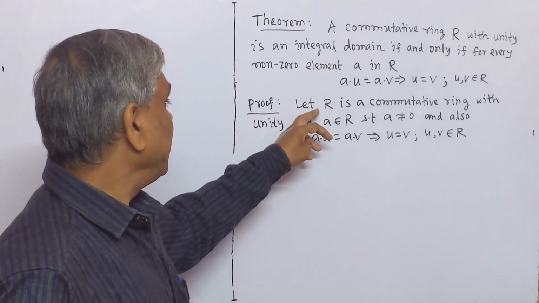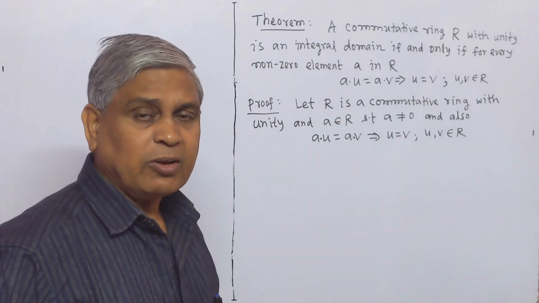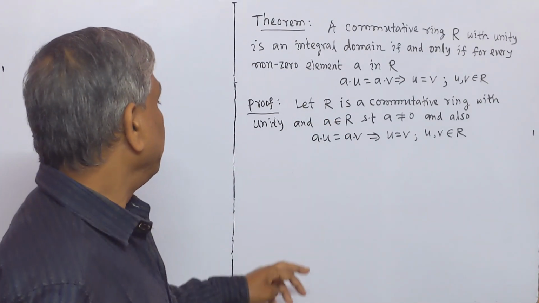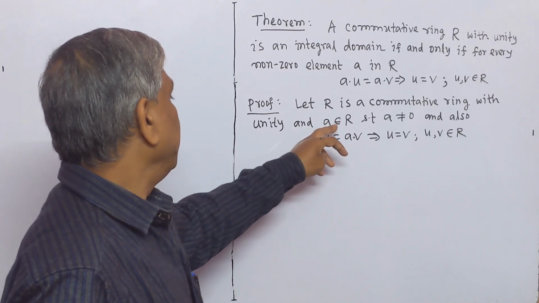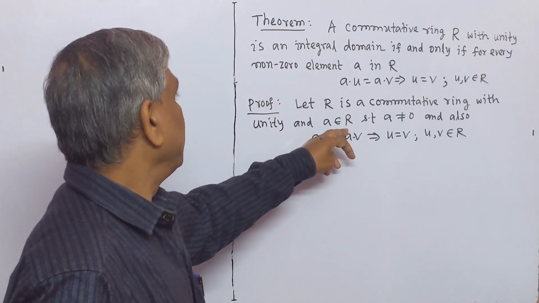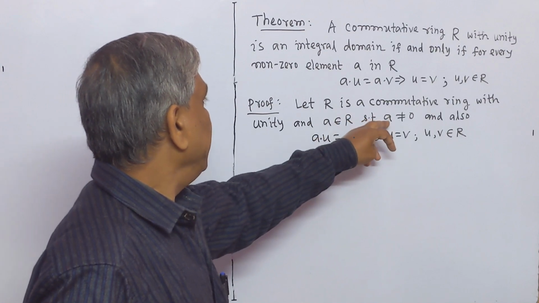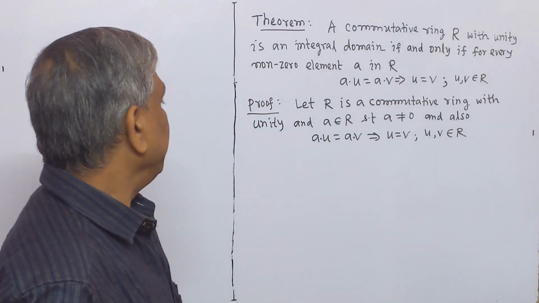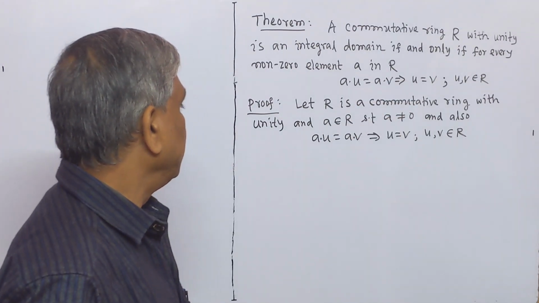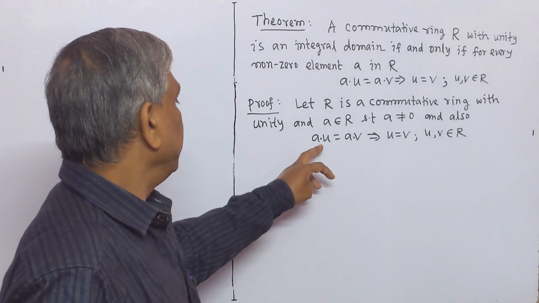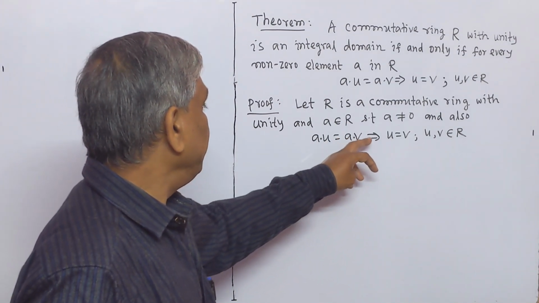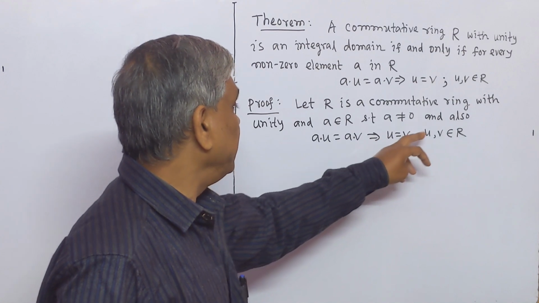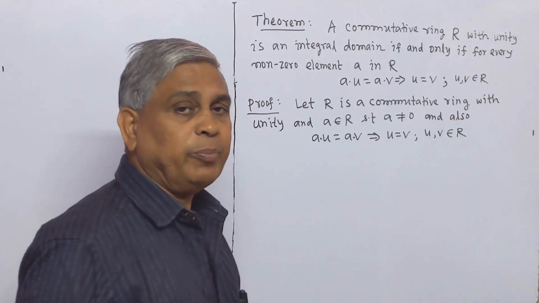Since given that R is a commutative ring with unity and a belongs to R such that a not equal to 0, means a is a non-zero element, and also au equal to av implies that u equal to v, u, v are elements of R.